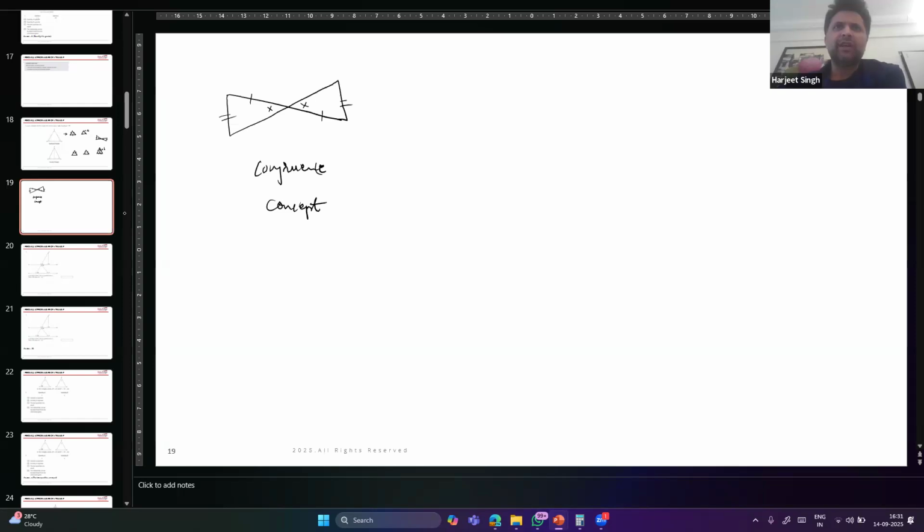But I could also have a figure which could look like this. Both are x, but this is not equal to this side. So clearly, even this is not equal to this. So here, rather, we use the symmetric concept.